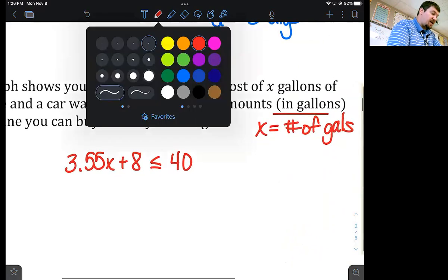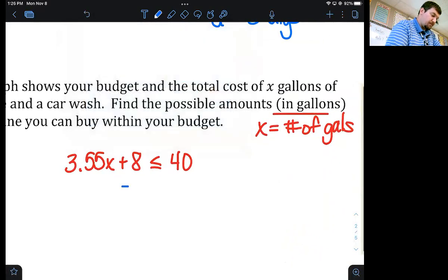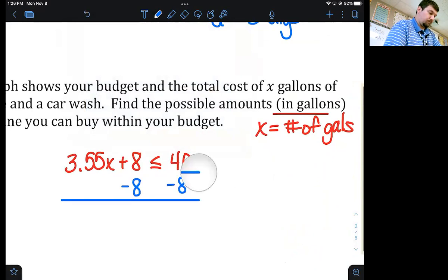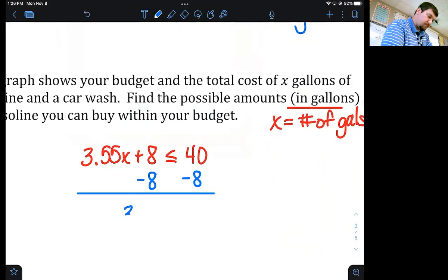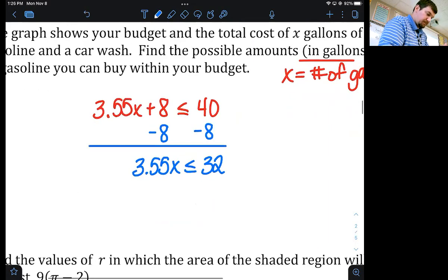Start by taking away the cost of the car wash. Oliver, if you take away the cost of the car wash, how much money does that leave you for the gas? $32. And with gas at $3.55 per gallon, Maddox, how many gallons could we buy with $32 then?